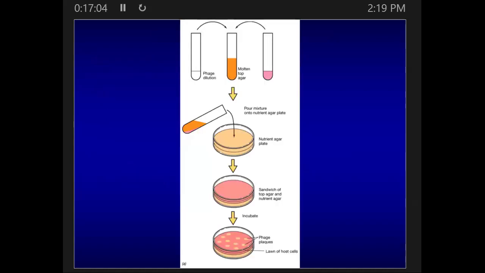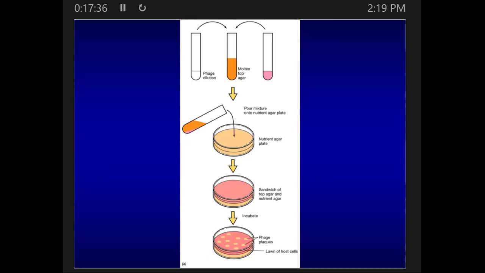So this is the lab. You have bacteria, and then you put it into some soft agar, mix it all together, pour it out onto the plate. You usually have what's called a base plate, which just means that agar plate already has a base layer of agar, and then you mix the soft agar, the phage, and E. coli together, and incubate.